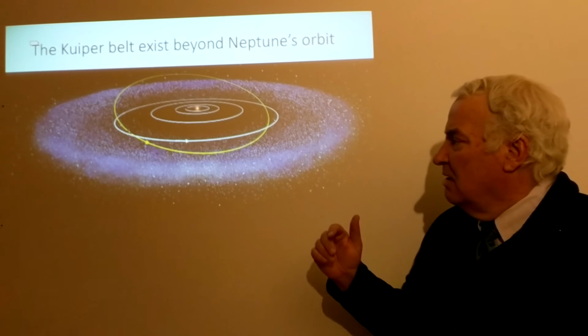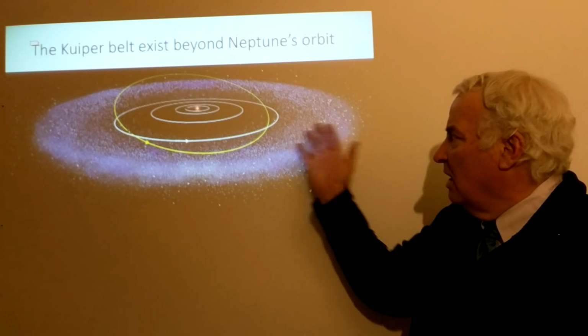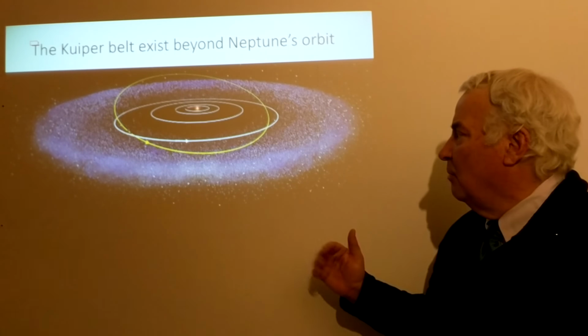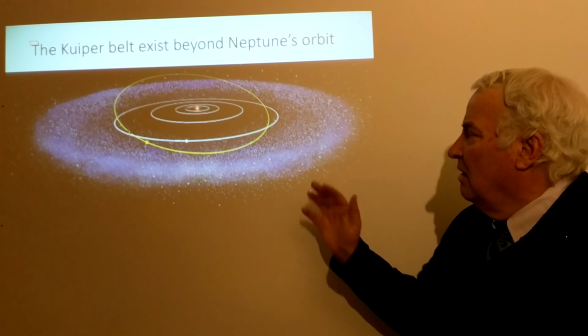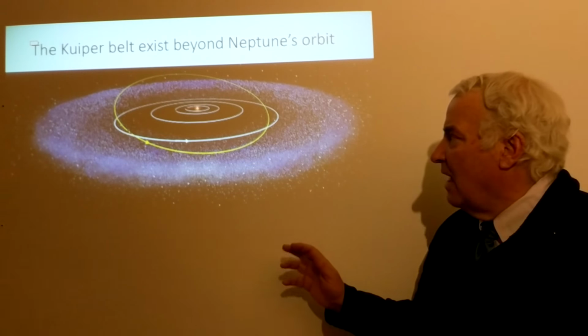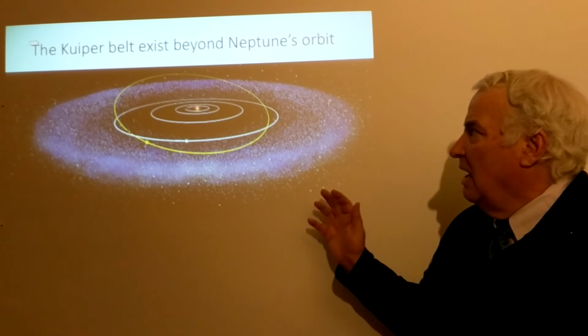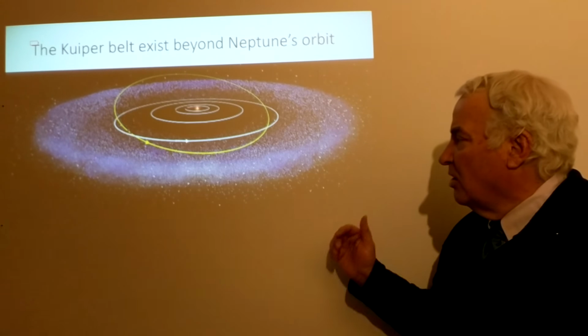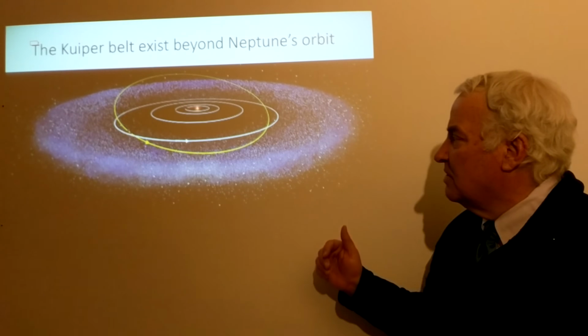The difference is that these are out beyond Neptune, most of them, and extend well beyond Pluto's orbit. Pluto is a member of that Kuiper belt, and so is Eris, the largest member to have been discovered so far.